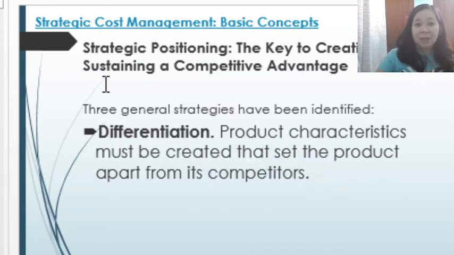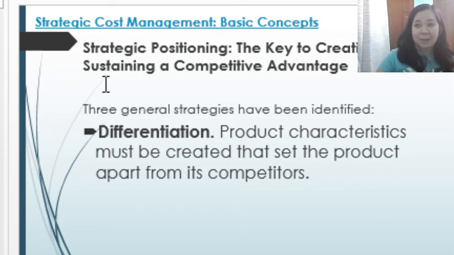So the product characteristics must be created to set the product apart from its competitors. Okay, so for example, if you are selling shampoo, this is not an ordinary shampoo.